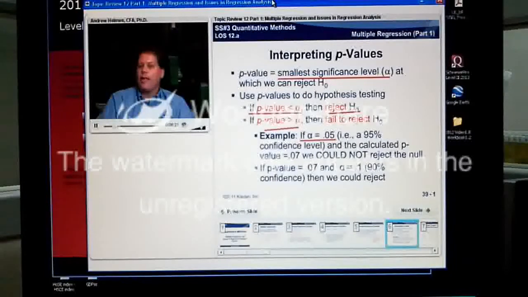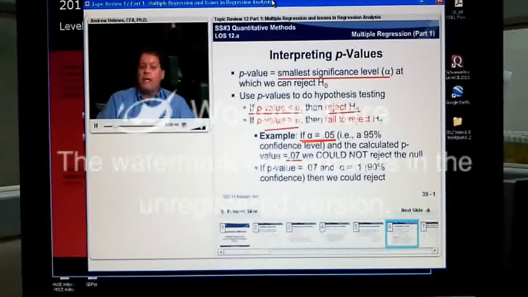We actually calculate a p-value of 0.07. In that case, what that's saying is, literally, if we were testing at the 93% confidence level, that is a 7% alpha, we would just be able to reject the null hypothesis.